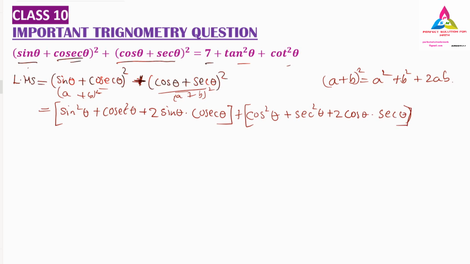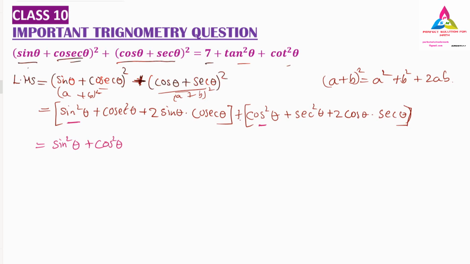Now what do you have to do next? Here we have sin square theta, and here we have cos square theta. Because here you have plus, we don't have into, so we can directly group them. I will write sin square theta first, then bring this cos square theta and write plus cos square theta, because plus into plus is plus only.